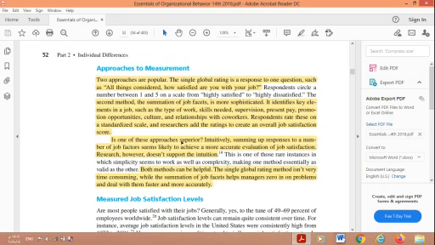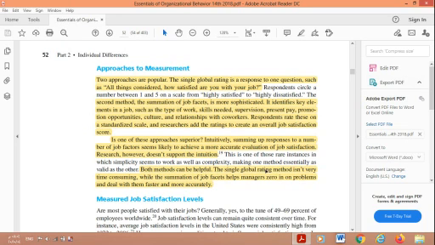Is one of these approaches superior? Intuitively, summing up responses to a number of job factors seems likely to achieve a more accurate evaluation of job satisfaction. Okay, and the research however doesn't support the intuition. Both methods can be helpful.